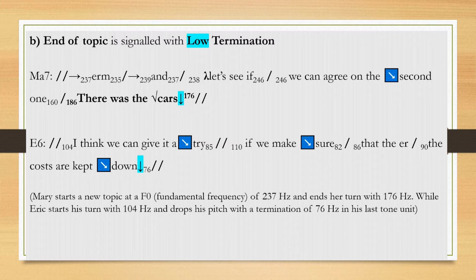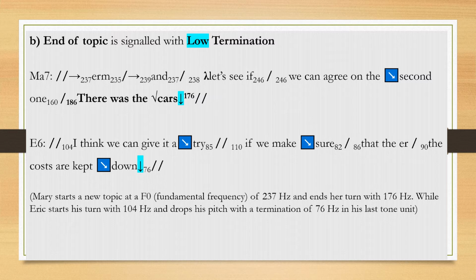Paratone sounds quite similar to paragraph. This paratone, this set of elements that constitute a group of ideas and the topic, as we said before, is usually initiated with high key and finished with low termination.